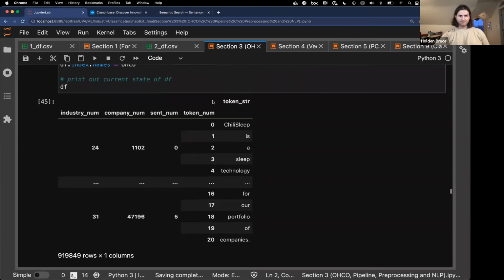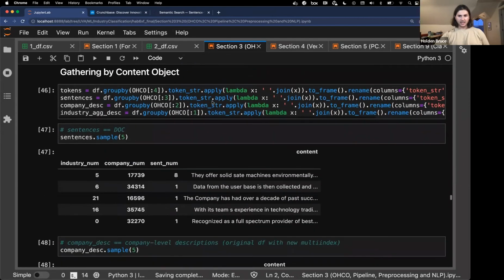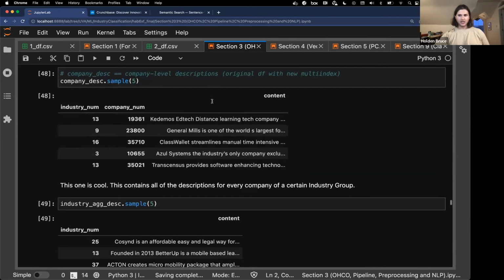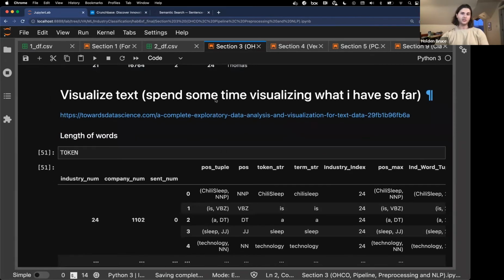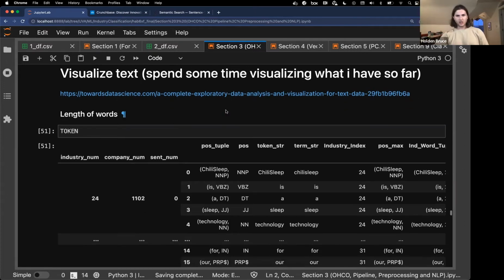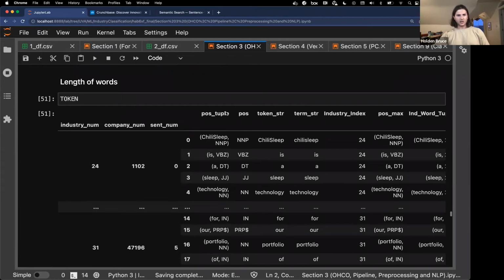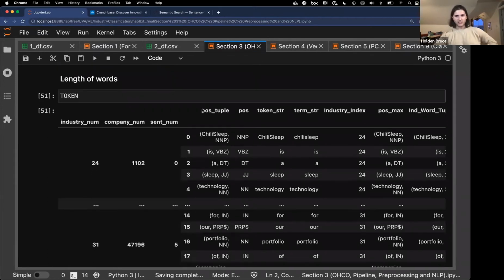Keep in mind that I might come back to this, but for now, I think it's more important to talk about some of the visualizations and what it means to visualize text through a statistical lens, and then use some of the more complicated computational stuff to understand what really matters here.